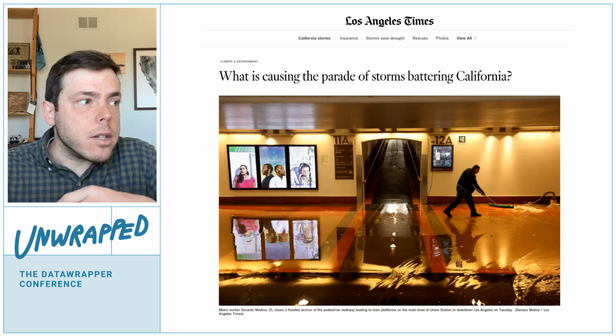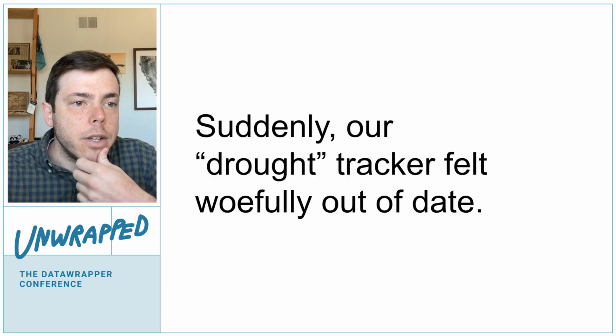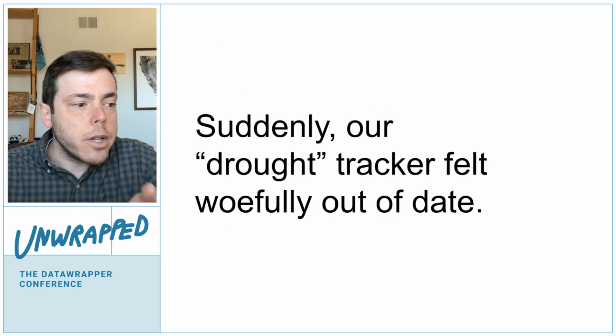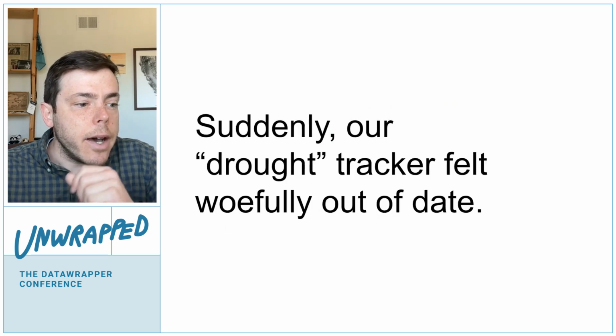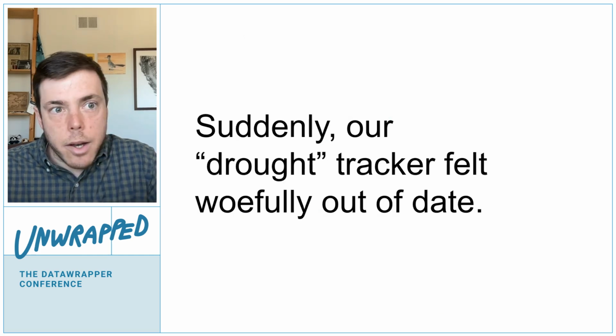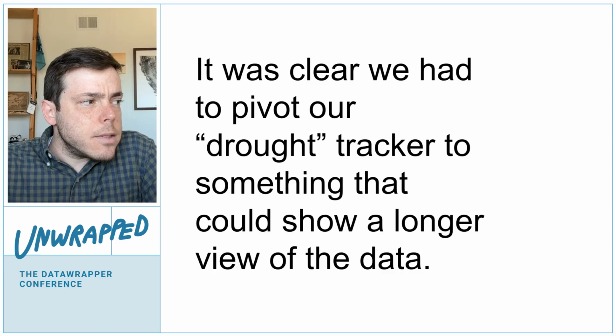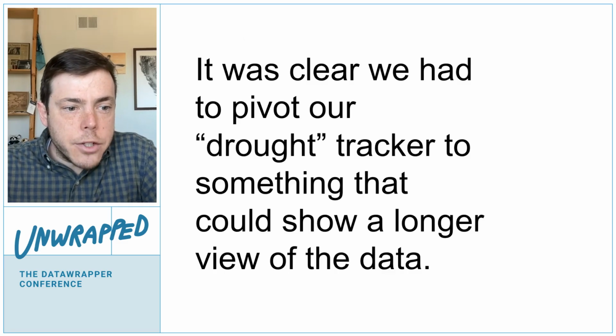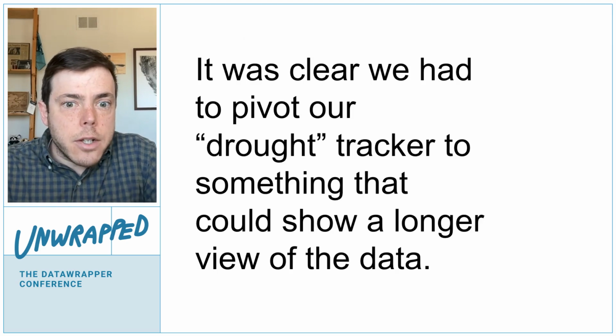Basically, we needed to pivot the drought tracker to something that showed a longer tail. And all these other stories kept coming up, like a massive snowpack. We needed to rebuild this with a lot more features, and something that could track these things over time rather than just give a snapshot.